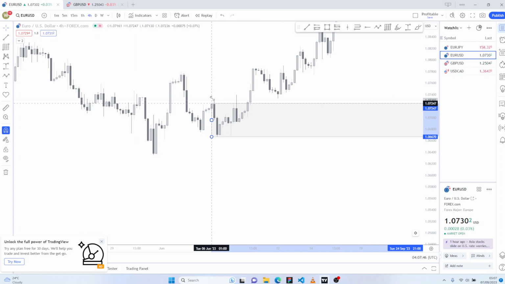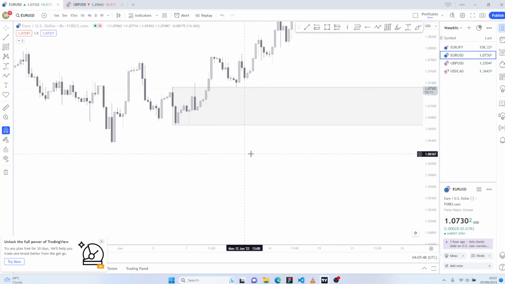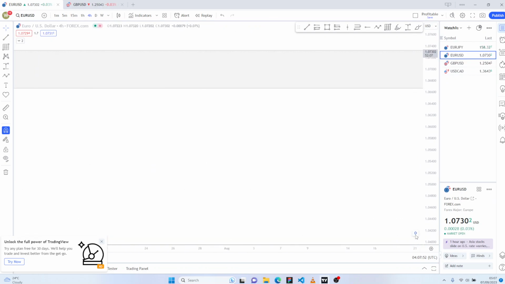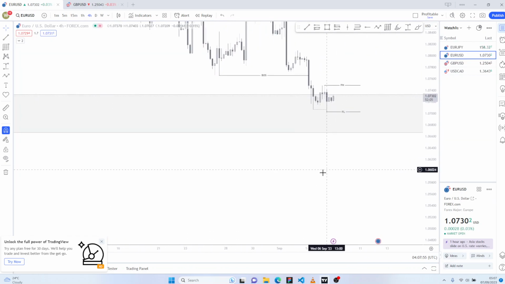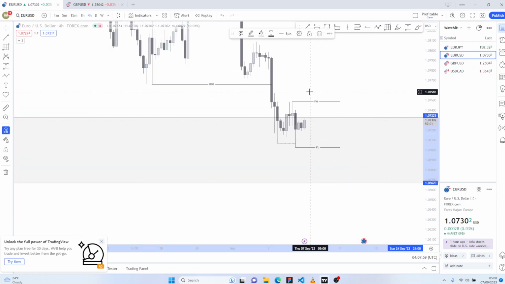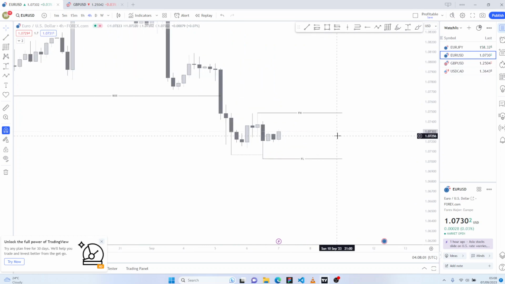You can just pick this whole range here. So that's the zone on the 4 hours, and as you can see, we are reacting from inside that zone. So I'll just delete this.